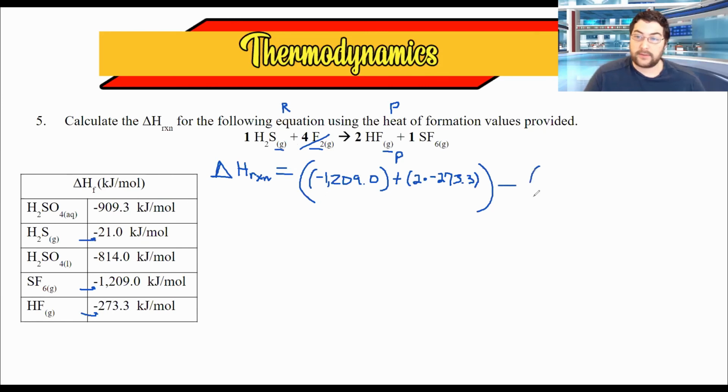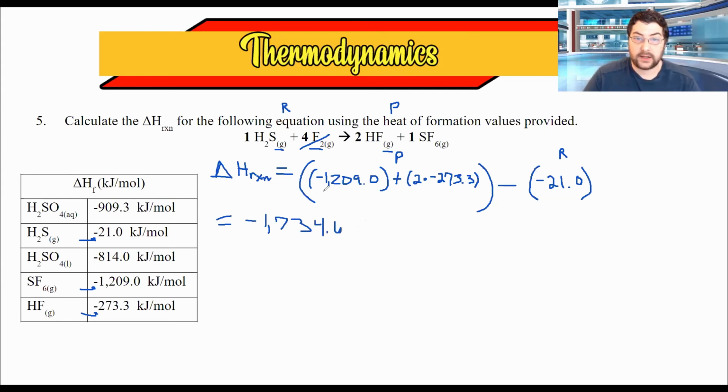There's only 1 mole of it, so minus negative 21.0 kilojoules per mole. And that's our reactants. Now we can plug all of this into our calculator. I'm getting negative 1,734.6.